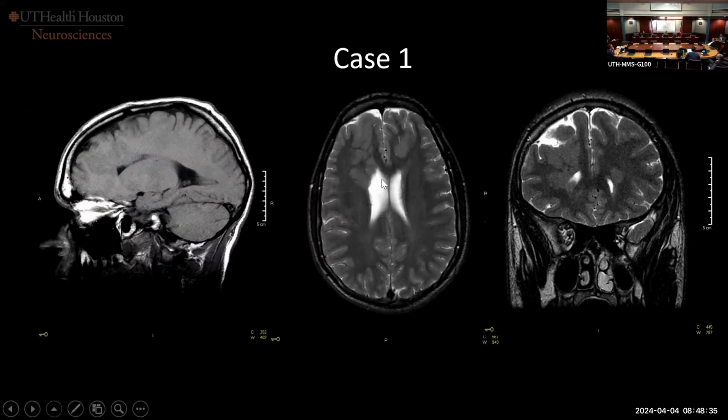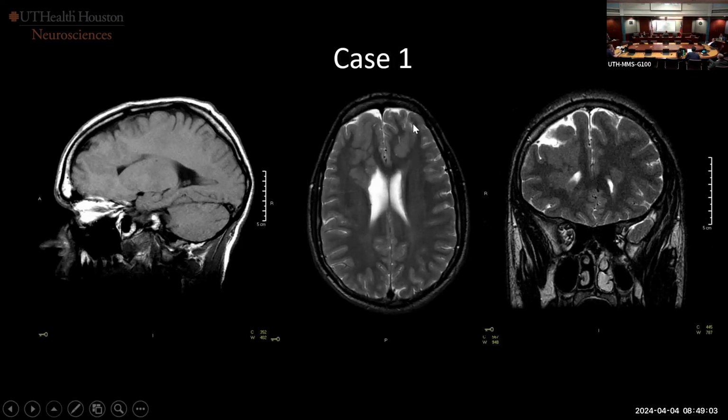There's periventricular, but there's also nodular heterotopia on the coronal. Right, so it's heterotopia because it has the same T1 and T2 signal as the cortex. We agree on that. Is it on one side or both sides? Mostly one side, just that right frontal. Look at that. You also have it on the left.